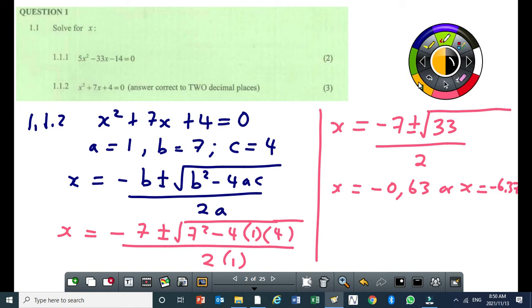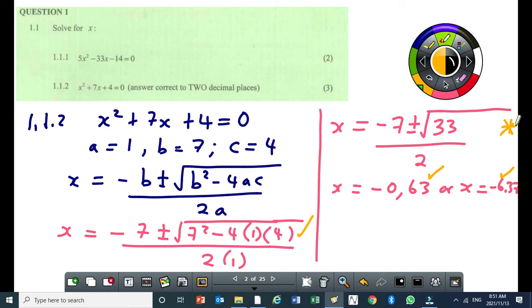The first mark will be for the correct formula, that is the quadratic formula, and the substitution. So you get a mark there. The second mark will be for the first x value, and the third mark will be for the second x value. So it ends up having 3 marks. This step here helps me because I'm not doing the question using a calculator.